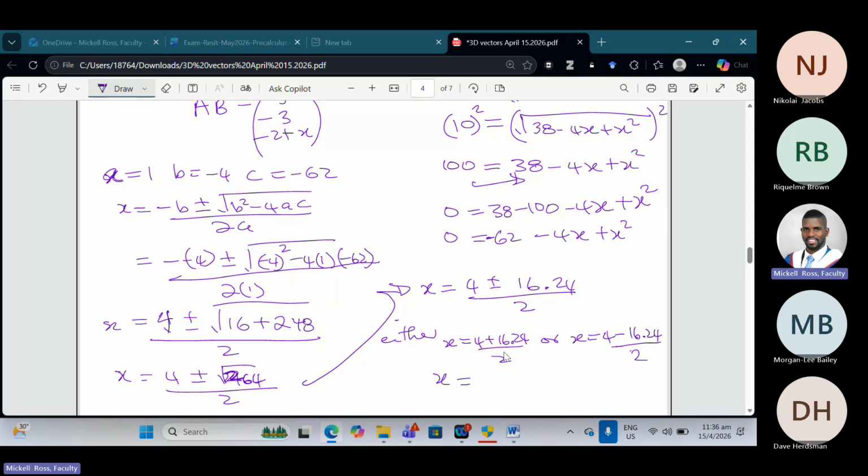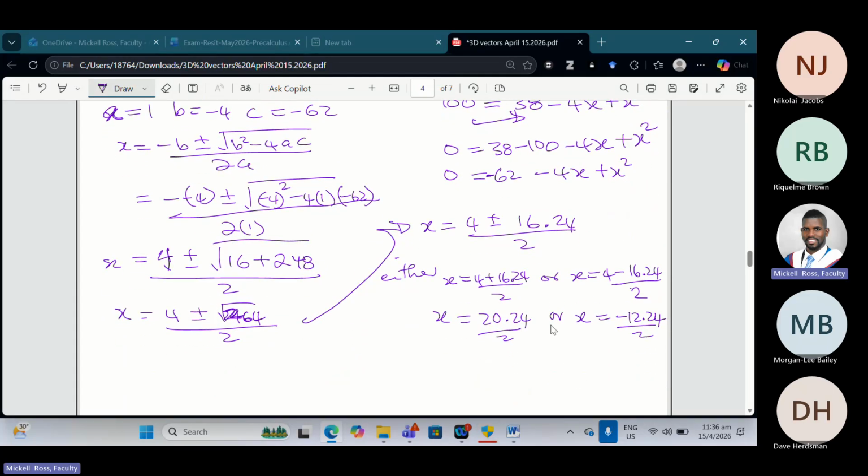So x is equal to 20.24 over 2, or x is equal to negative 12.24 over 2. So x is equal to 10.12, or x is equal to negative 6.12. Those are the values that we would get for x.